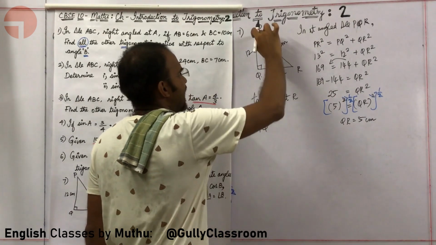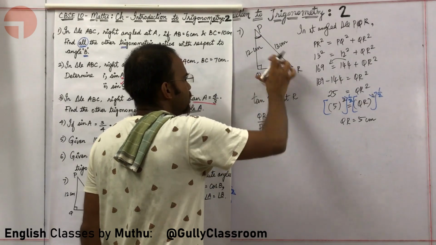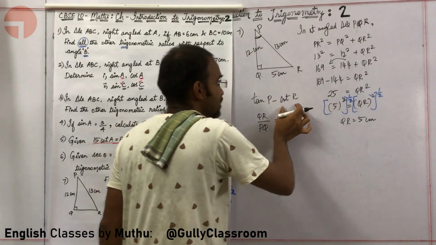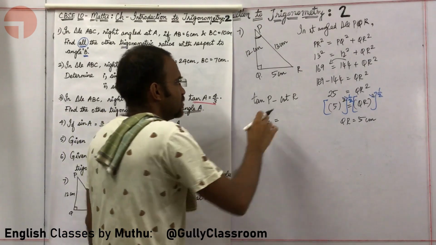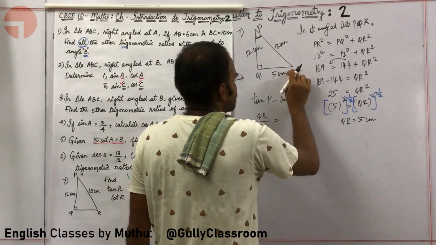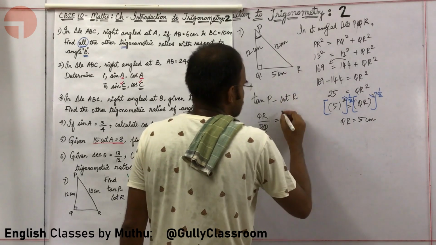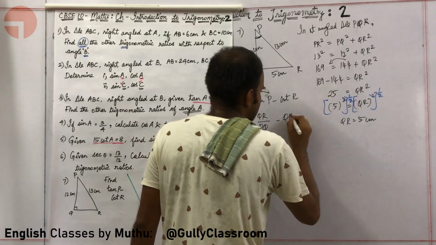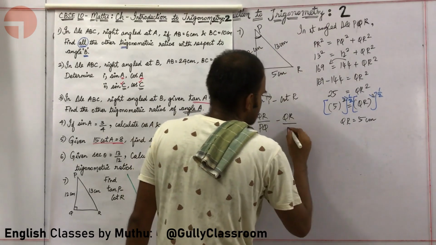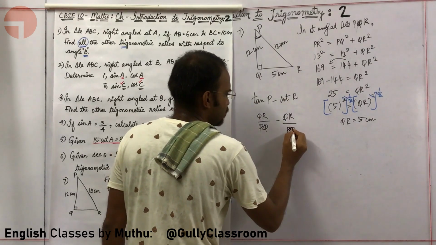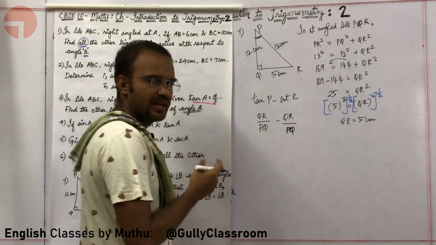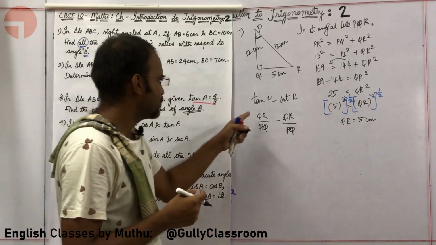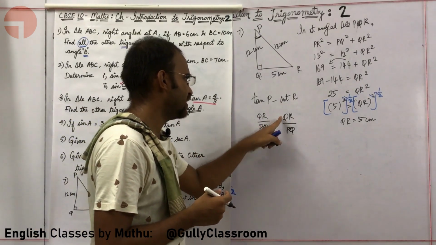With respect to angle P, QR is opposite, PQ is adjacent. What is cot R? Cot R means adjacent by opposite. So let us look at cot R. With respect to R, adjacent is QR. PQ is nothing but the opposite side. Sir, we are getting both the ratios as same. QR divided by PQ minus QR divided by PQ.